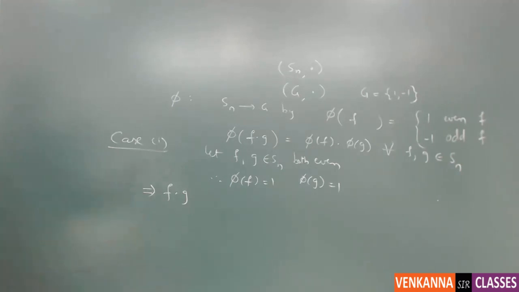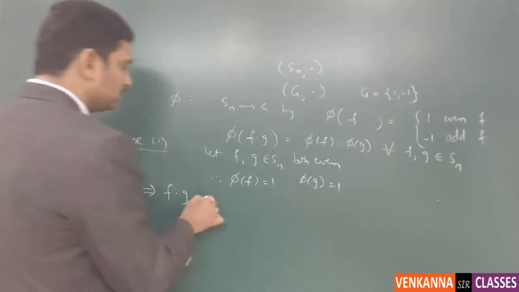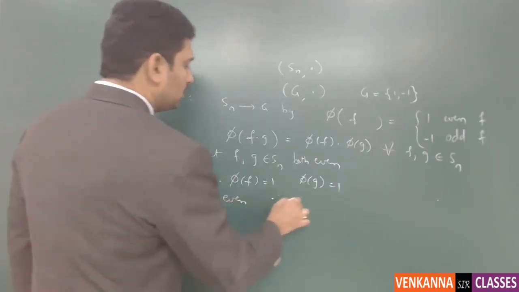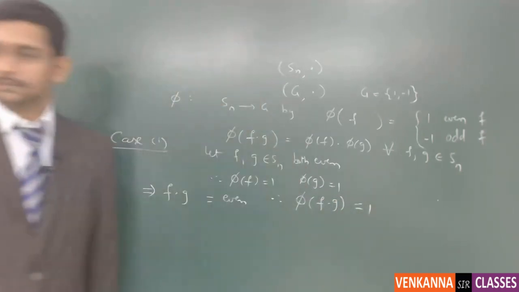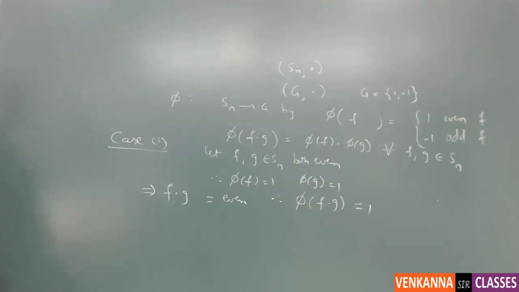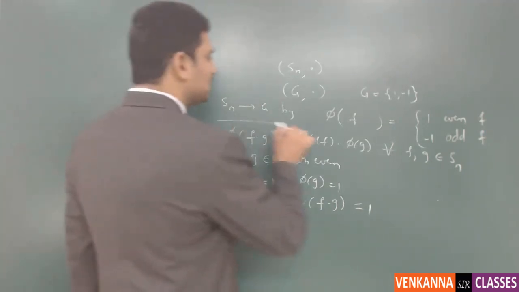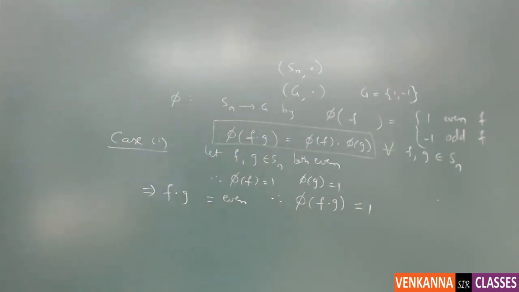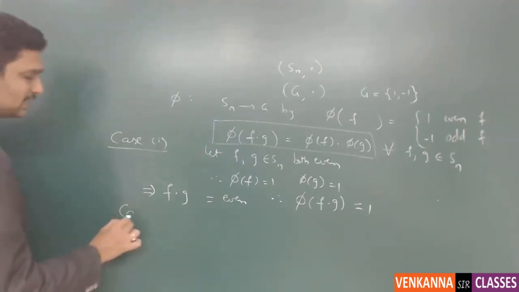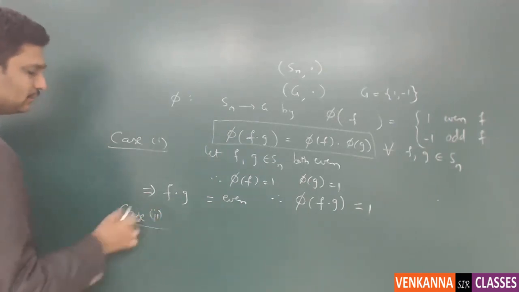Is it even or odd? Even, right? So phi of fg is nothing but 1 as per the phi definition. So in case 1, this condition is satisfied: phi of fg is equal to phi of f dot phi of g. LHS and RHS have the same values. Now you consider the second case, that both are odd.